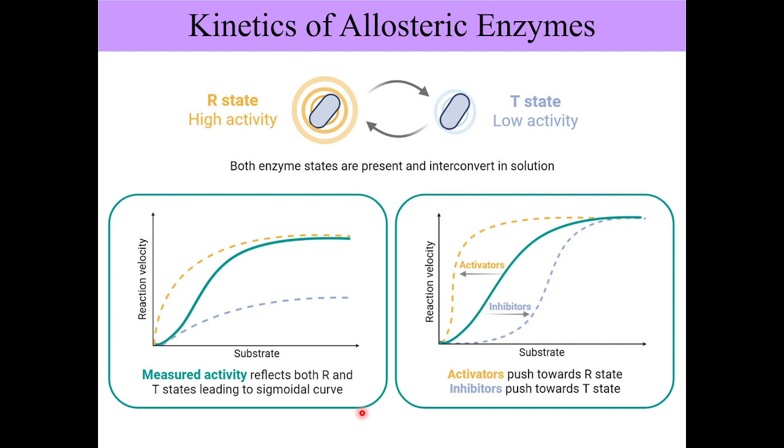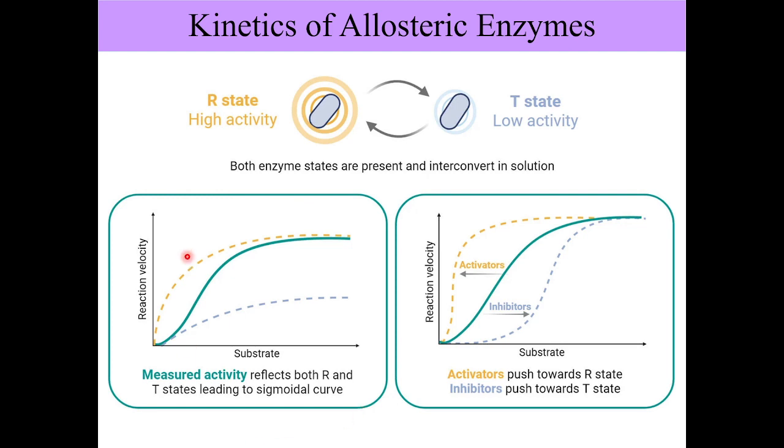So allosteric enzymes can be in the R state or high activity state, and they can be in the low activity or T state, right? I'm sure you have learned about this relaxed state and tense state in the hemoglobin molecule while learning about the activity of hemoglobin. Okay, so both enzyme states are present, and then they interconvert in solution.